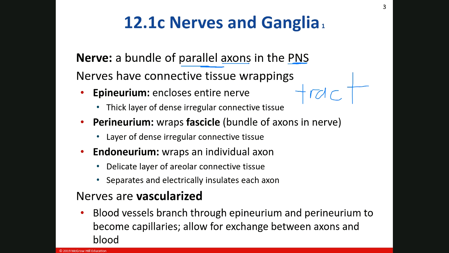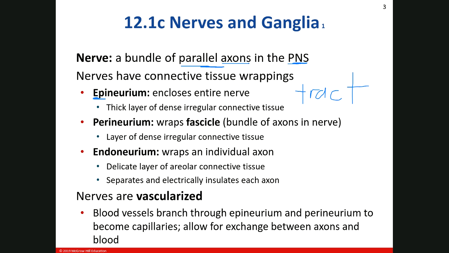And these nerves have three coverings to them. The outermost, epi, is going to cover the entire nerve. So when you're dissecting a cadaver, or if you're a surgeon moving structures around and you see a structure that is kind of white looking, and it doesn't have a lumen, most likely that's a nerve. What you're looking at is the epineurium.